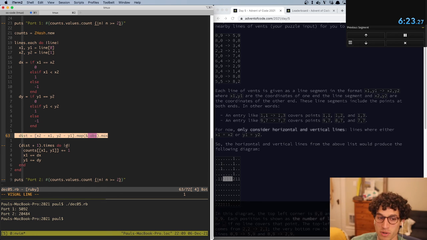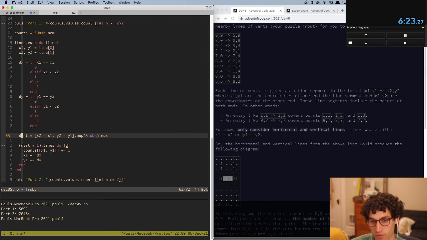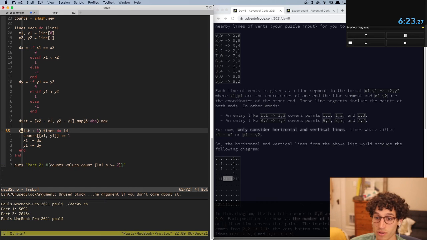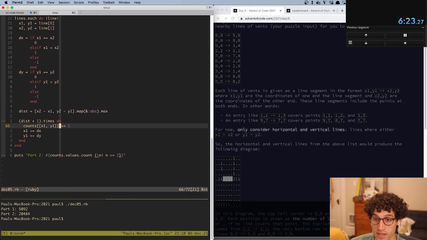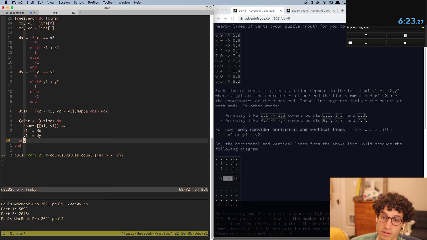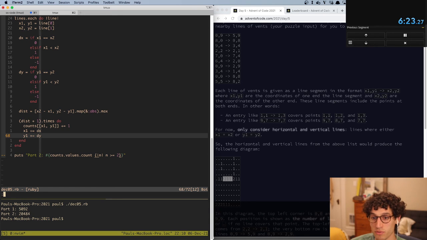Take the max because one of them might be 0. But if they're both non-zero, they'll actually be the same because we're going at a 45-degree angle. And then for that many times plus 1, we say that we visited x1, y1, and then we increment x1 and y1 to move in that direction. And then again, we just print out how many had multiple.